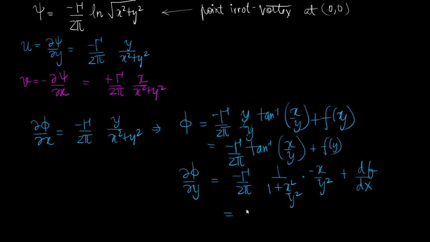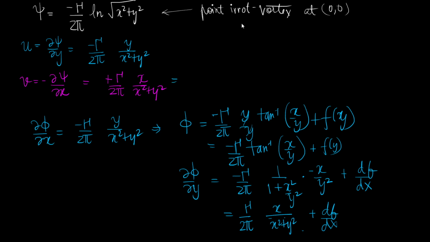So this minus minus becomes plus, so gamma upon 2 pi y square upon x square plus y square times x upon y square. So this y square cancels out. So in fact, this will be simply x upon this plus df dy.